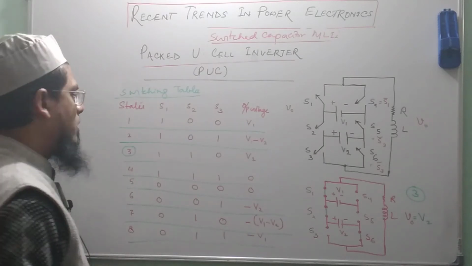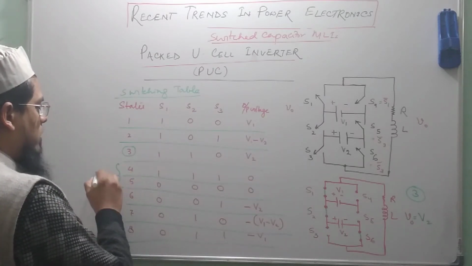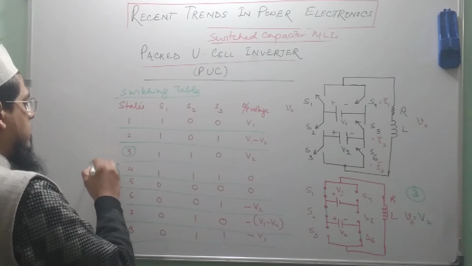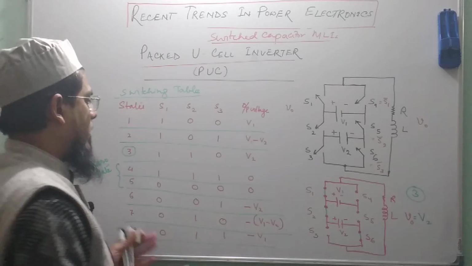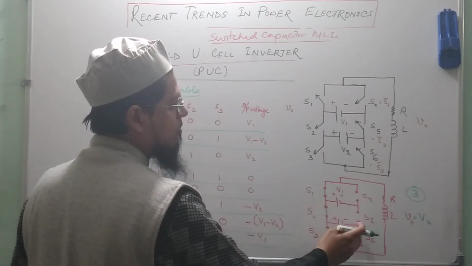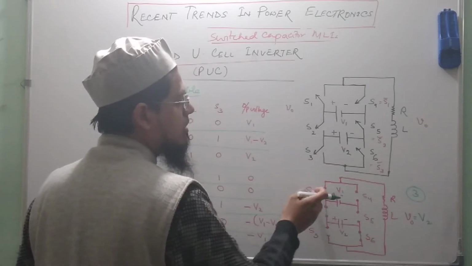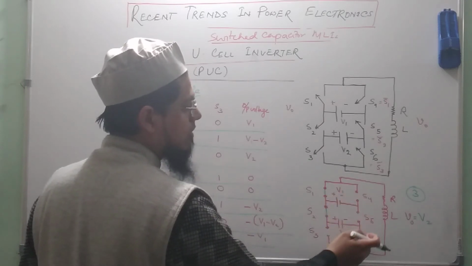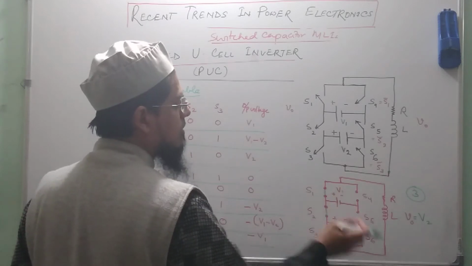Fine. Now, states 0, 4 and 5 are state 0. These two states are 0 states. A 0 state is one in which the output voltage is 0. So either you turn on all 3 switches S1, S2 and S3 and keep the others off, so the output voltage is basically 0, or you keep these 3 open and short S4, S5 and S6, and by short I mean you turn on S4, S5, S6.